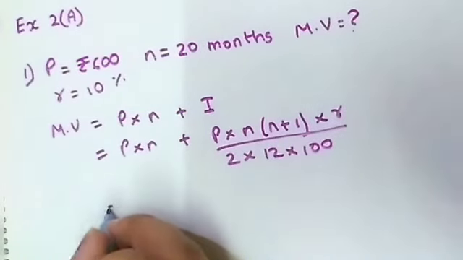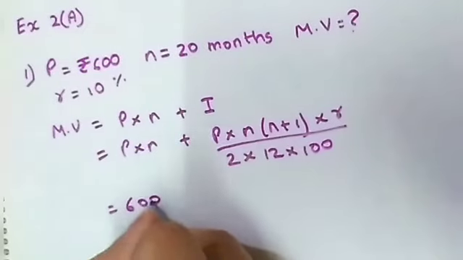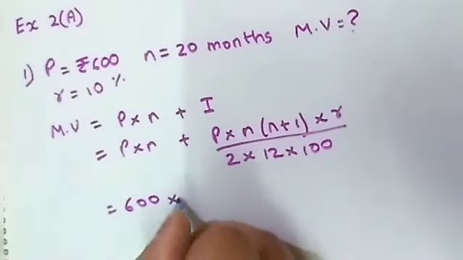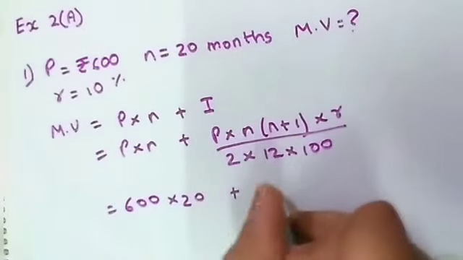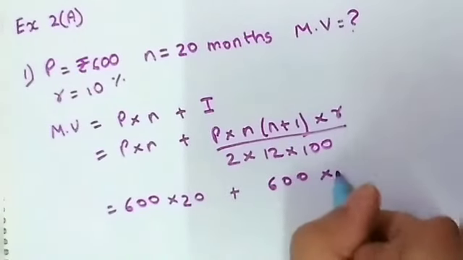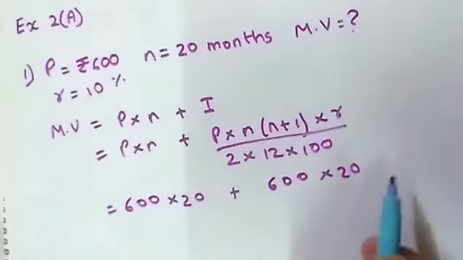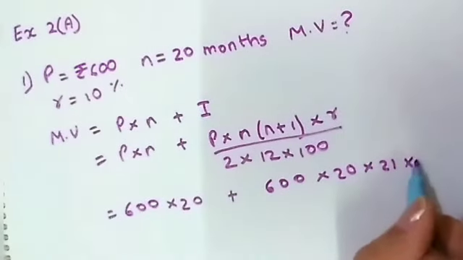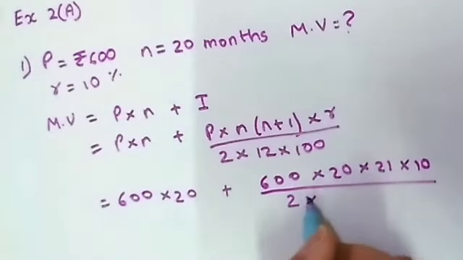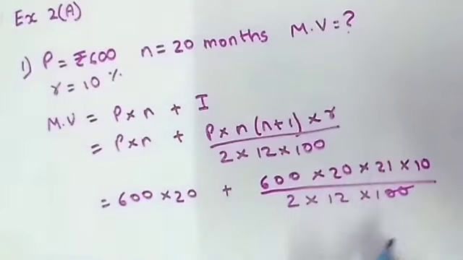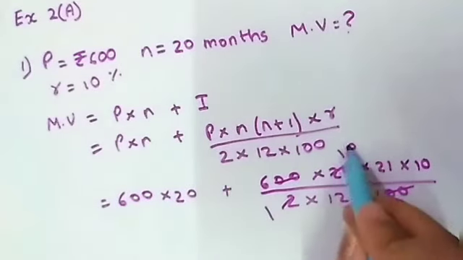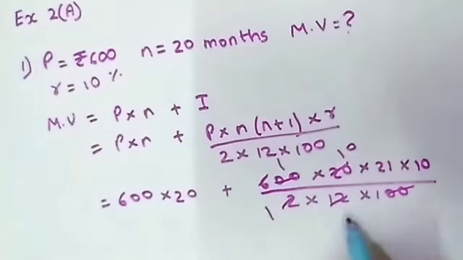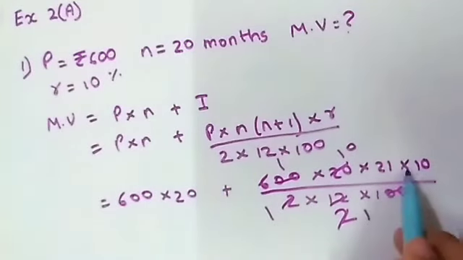So what is P? P is 600. What is N? N is 20, N plus 1 is 21. R is 10. Now 2 into 12 into 100. If you see 100, 2 zeros cancelled, 2 ones are 2, 10s are 6 ones are 6, 2 ones are 2, 5s are 5.